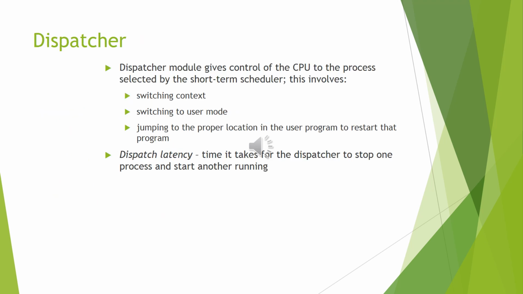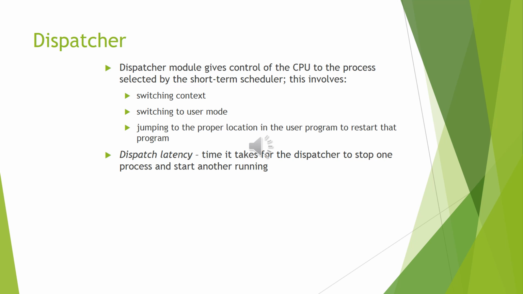There is also another part of it, which is the dispatcher. The dispatcher gives control of the CPU to the process selected, because the scheduler will select a process, then the dispatcher will take control of the CPU for the process that is selected by the short-term scheduler. The short-term scheduler is the ready state that we know.